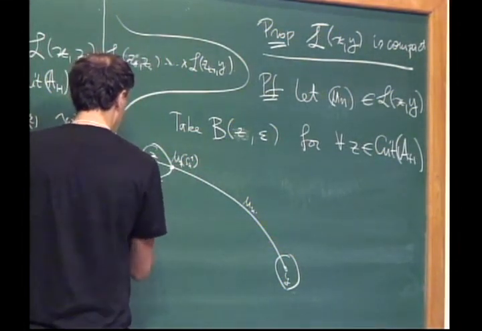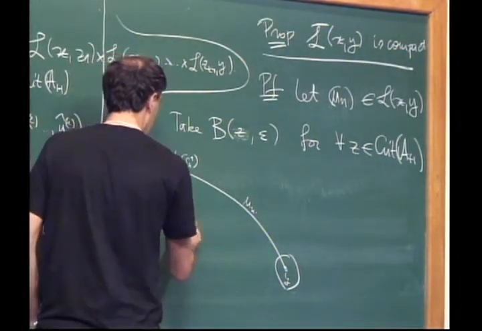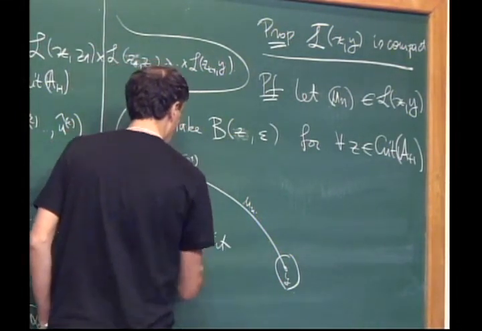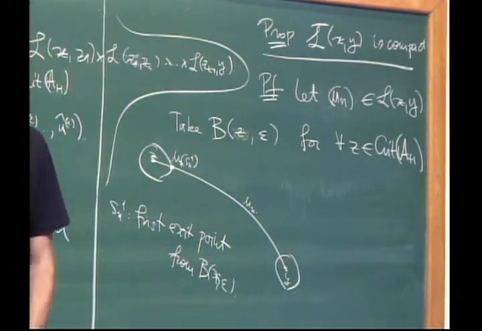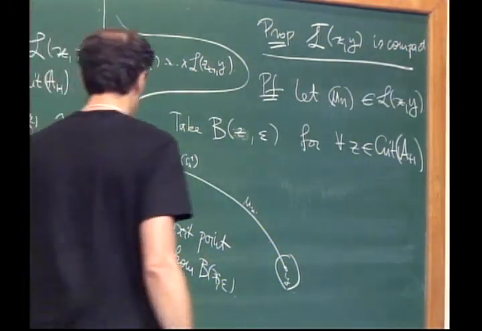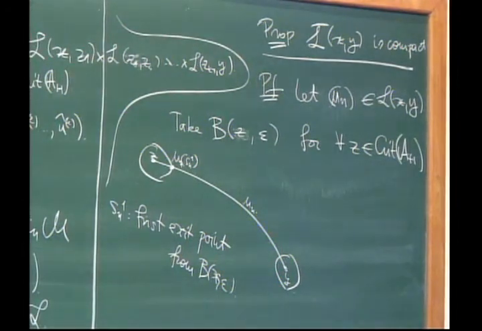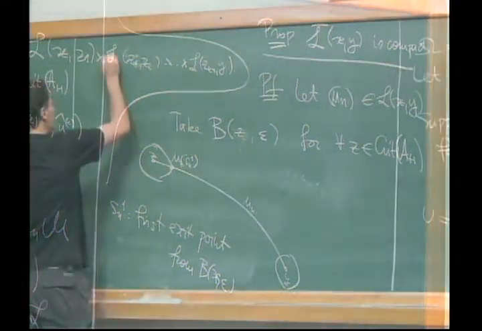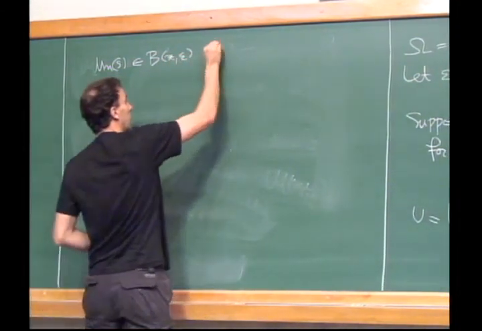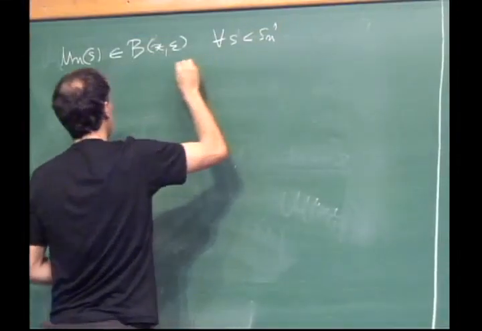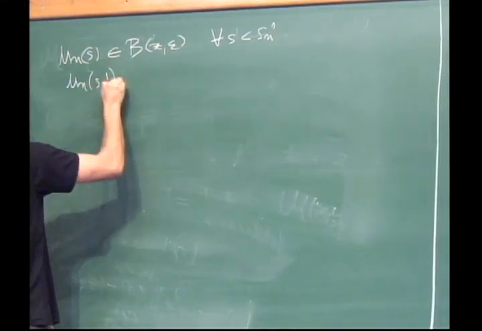So Sn1 is the first exit point from B(X, epsilon), which means that UN(S) is in this ball for S less than Sn1, and UN(Sn1) is on the boundary.